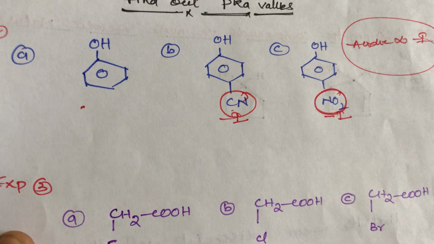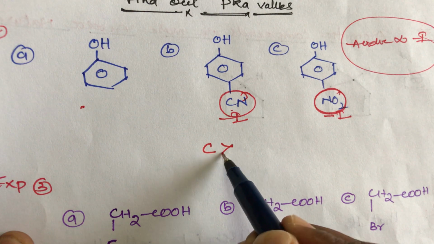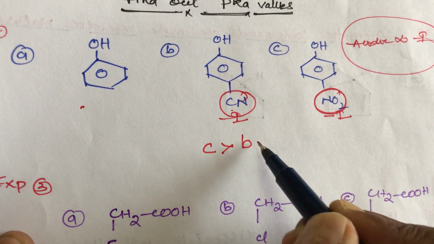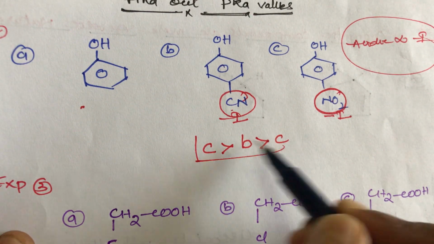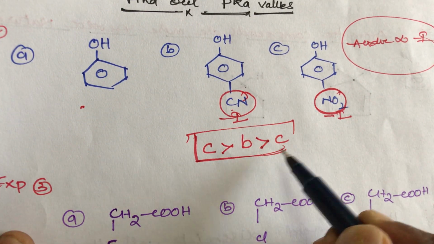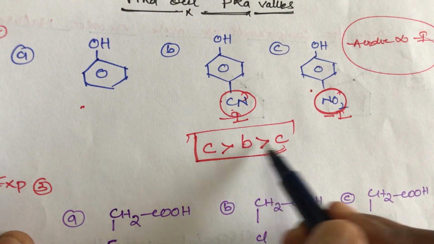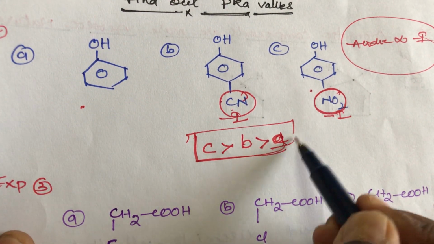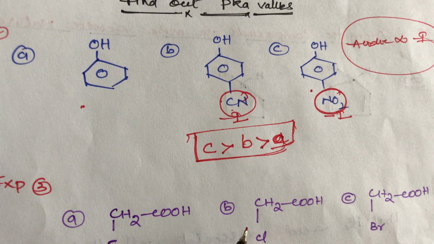So out of these three, which is more acidic? Compound C is more acidic than compound B, and compound B is more acidic than compound A. This is the acidic strength order. Which compound has the higher pKa value?